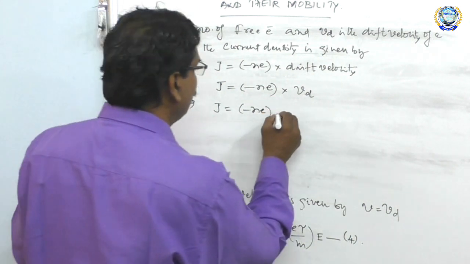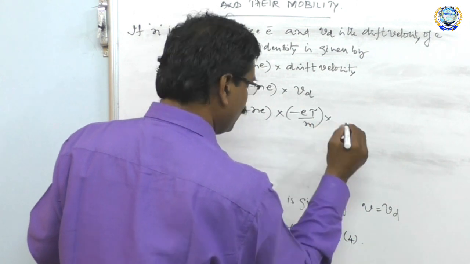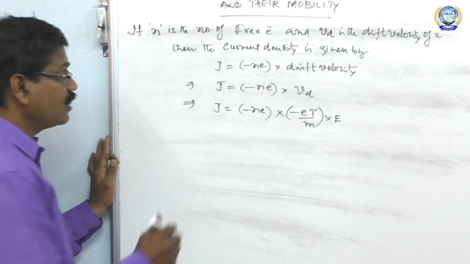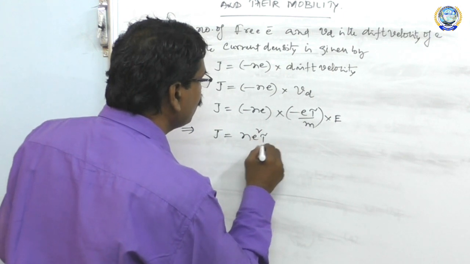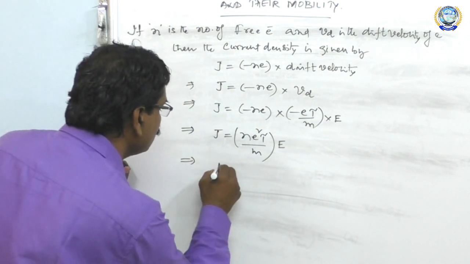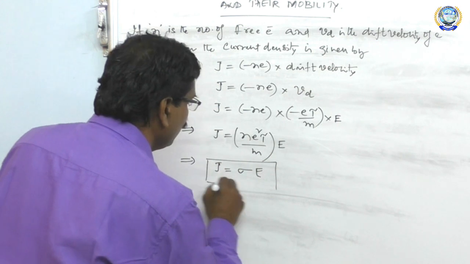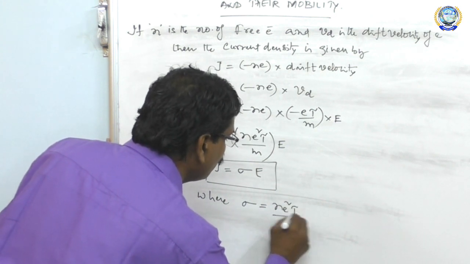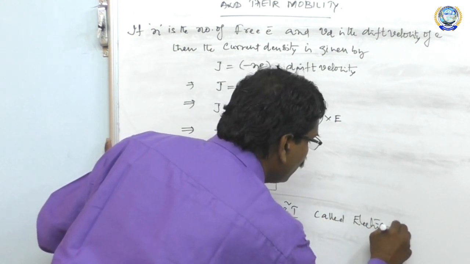Bring it and substitute it there. We will get minus e tau by m into capital E. After simplifying, J is equal to ne square tau by m into E. That implies J is equal to sigma into E, where sigma is equal to ne square tau by m, called electrical conductivity.